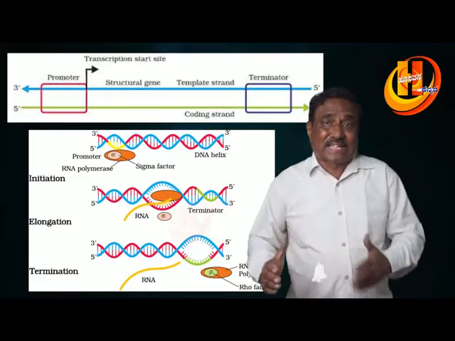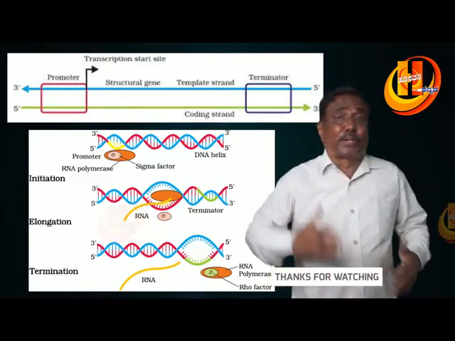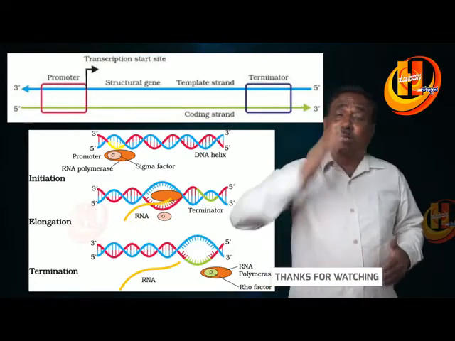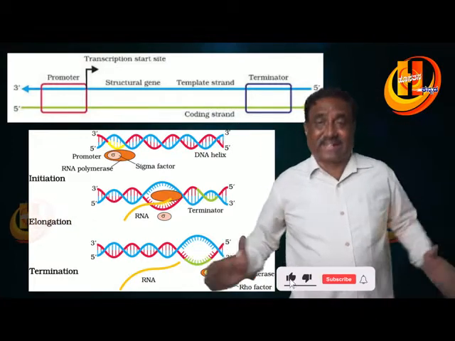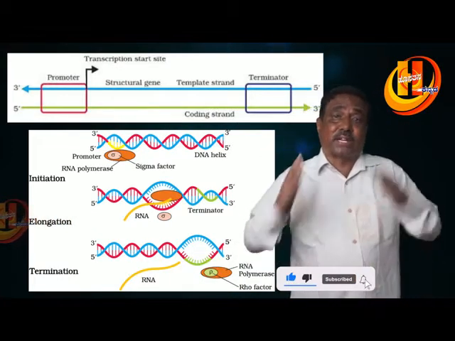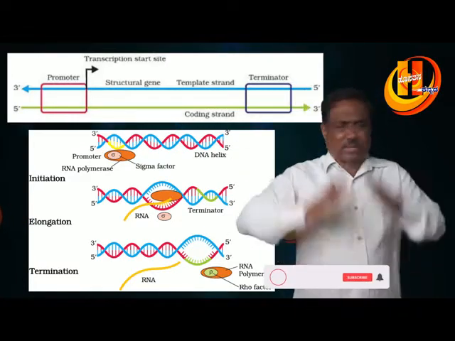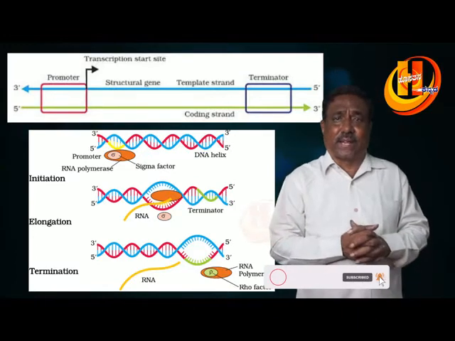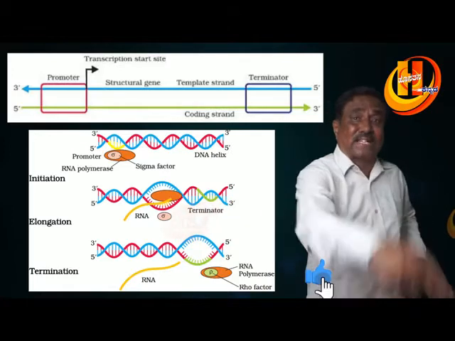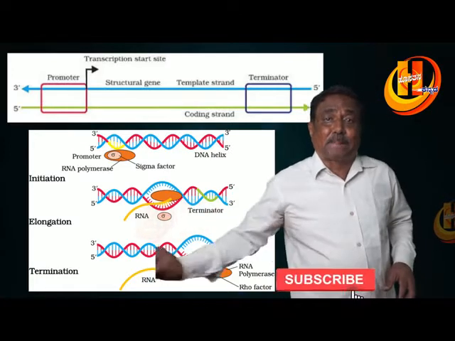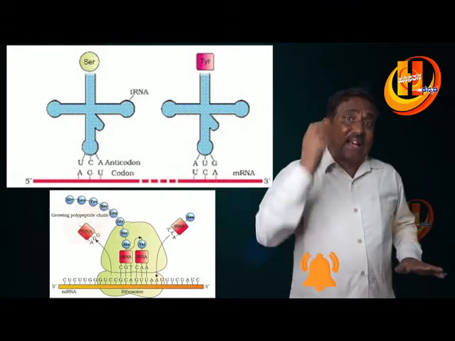And coming to translation, the language of genes will be translated into the language of proteins. It involves all the RNAs, mRNA, tRNA, rRNA, etc. They take part in translation. The one important thing in translation is that amino acids do not have the structural organization to recognize the codon, the triplet present on mRNA.